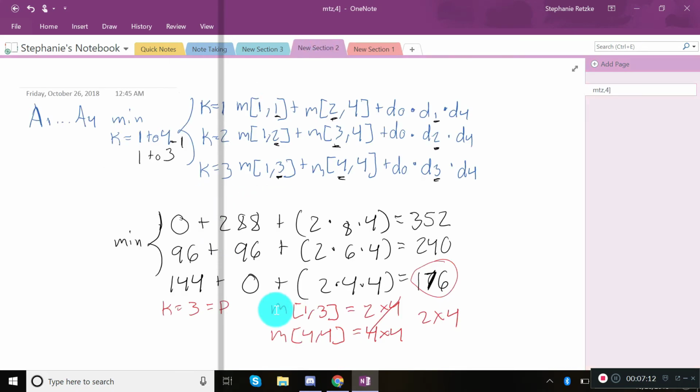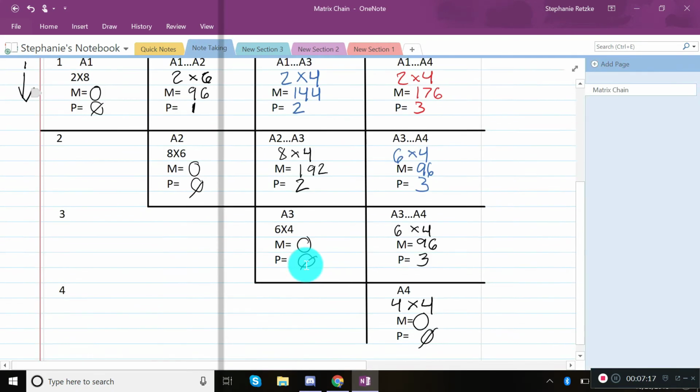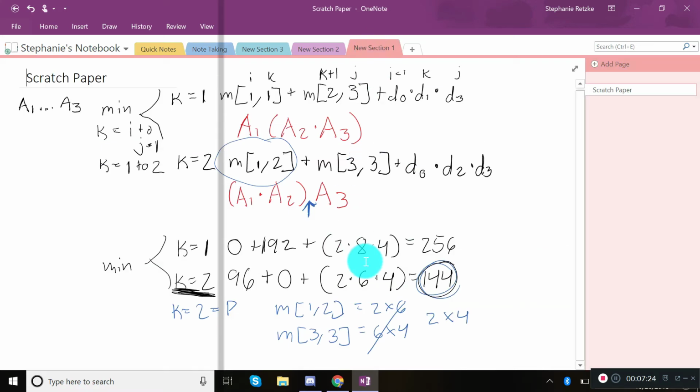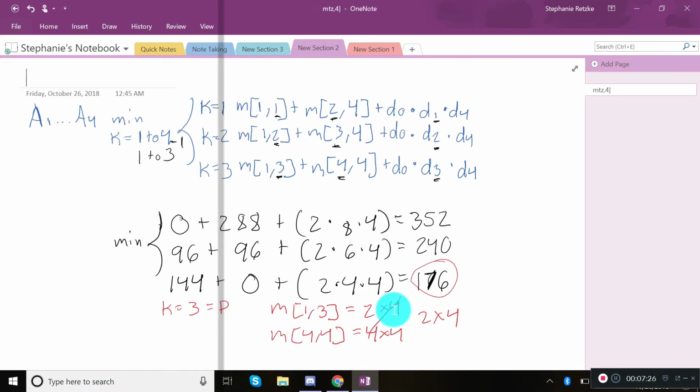Because if you remember, we chose to have 1, 2. Well, no. We chose to have M13, and M13 is A1 to A3. So when we chose this option, we chose to have A1 to A3 and then multiply that by A4.